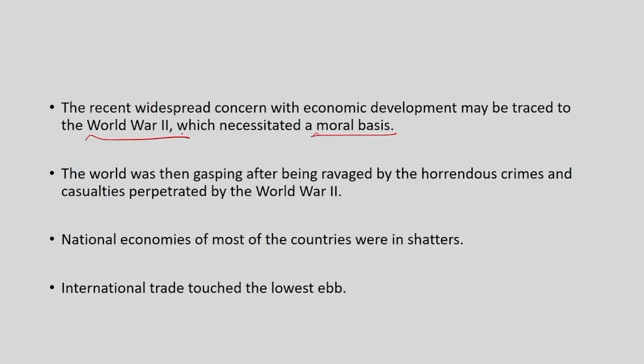what we generally find is that during and after the Second World War, the world was then gasping after being ravaged by the horrendous crimes and casualties perpetrated by the war. National economies of most of the countries, both developed as well as developing countries, both colonizers as well as the colonized nations, were in tatters.